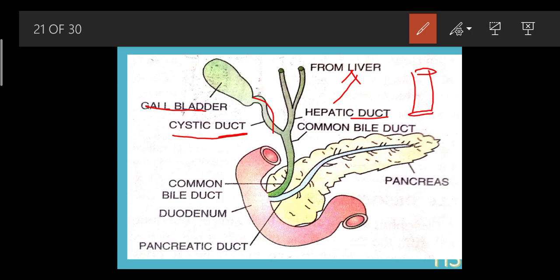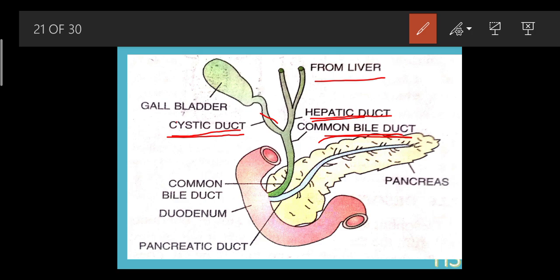From the liver and from the gallbladder, they transport this fluid. From the liver it leads to the hepatic duct, and from the gallbladder it leads to the cystic duct. When the cystic duct and the hepatic duct get combined, it is called the common bile duct.